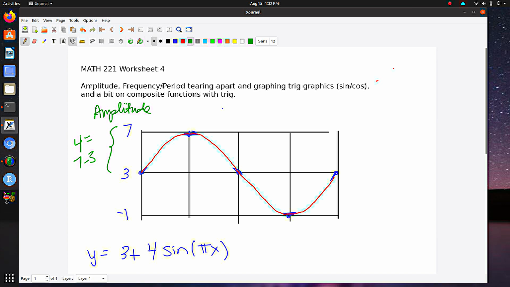So that's the amplitude. And then this is getting to this idea of frequency or period. You want to know when this guy is going to get to 2 pi. And in this case, x equals 2 is going to be the period. Period is 2. Okay?